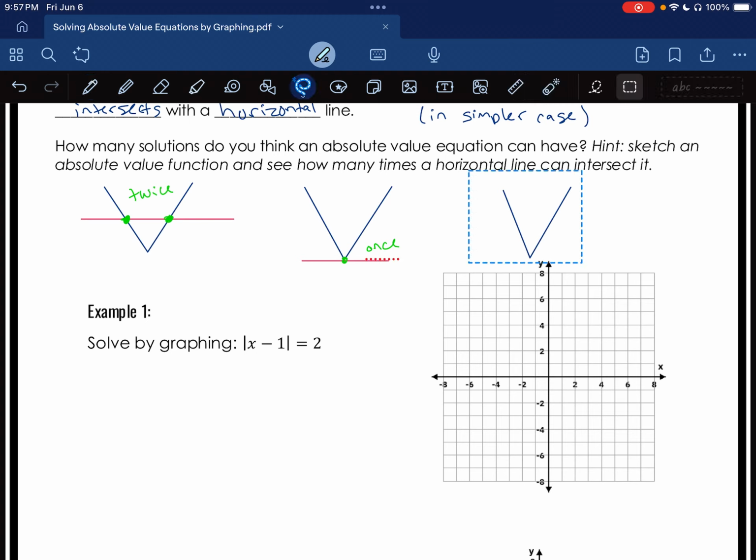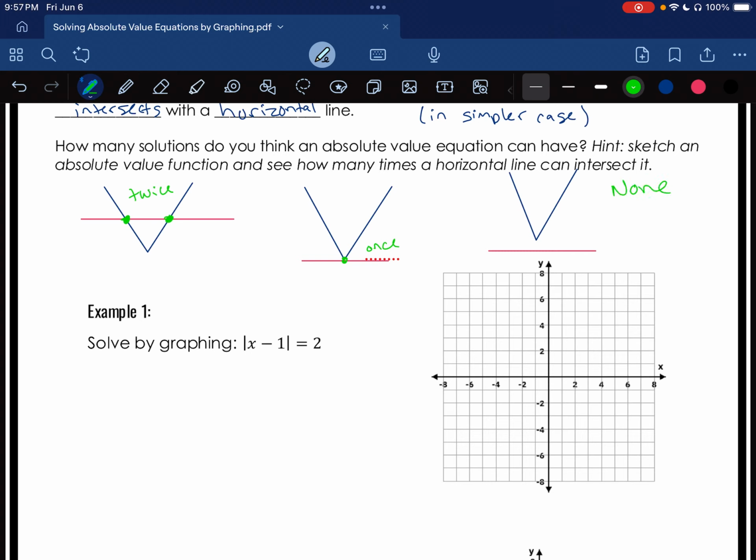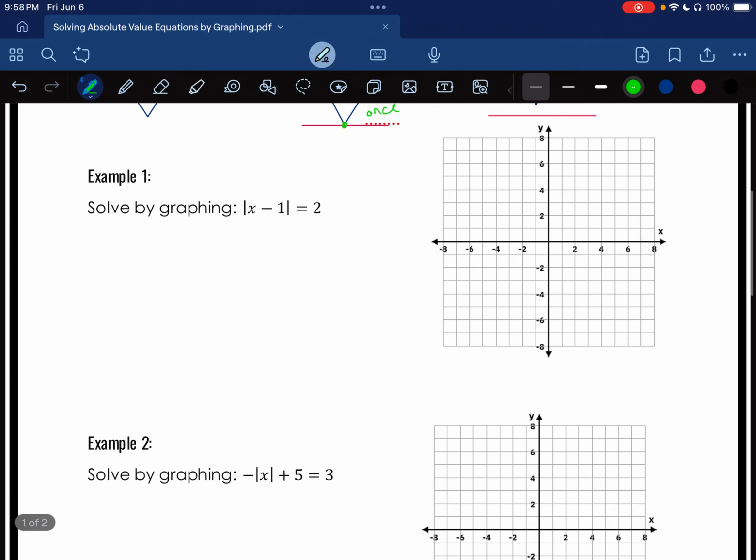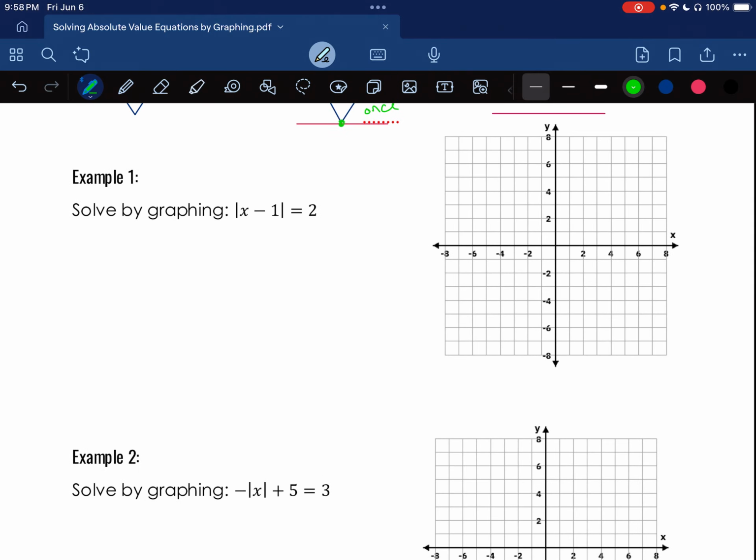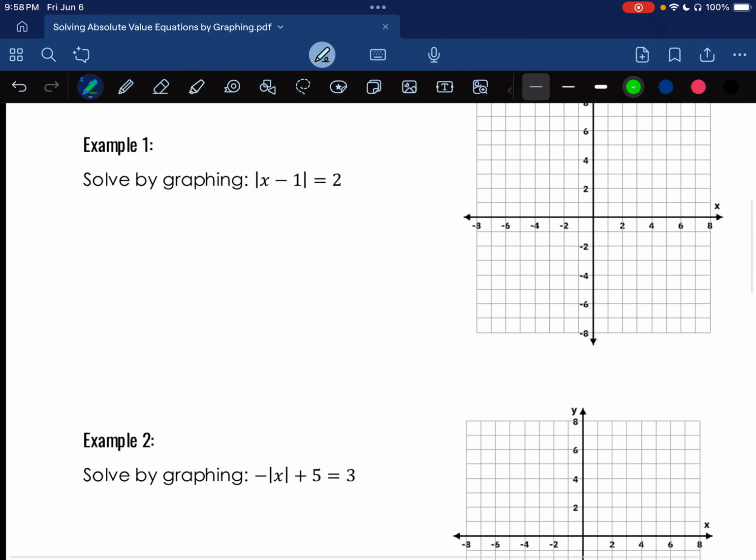Then I'm going to move this one a little bit. It could be that they don't intersect at all, right? So there could be one solution, no solutions, or two solutions. That's usually the case.